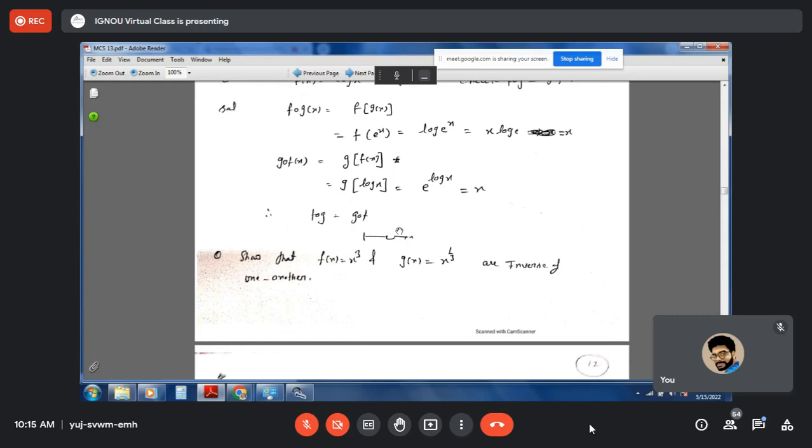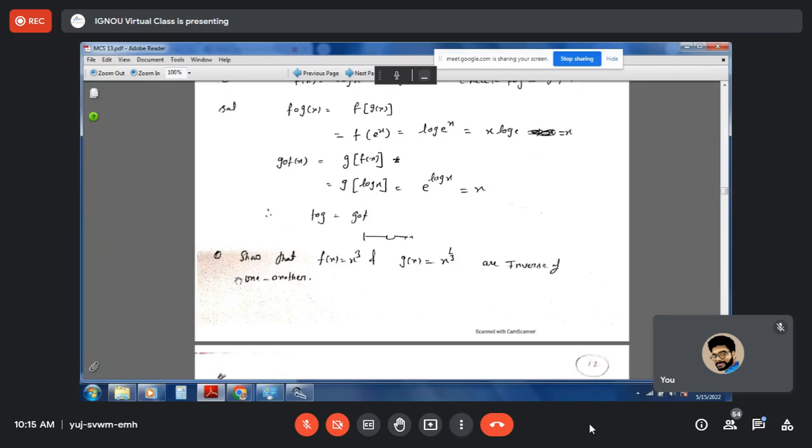The concept is same. The nature of the question is totally different, but nothing new. What we discussed earlier, fog, gof, and the inverse of the function. Same. Show that it is also a numerical from the exam.